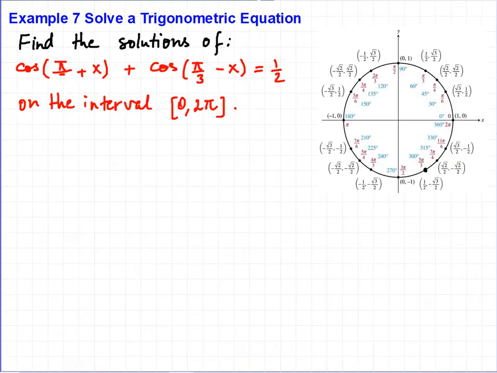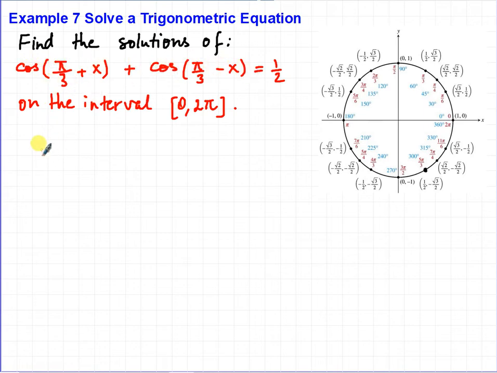So now let's see example 7, which is the last example in this lesson. In this example you need to find the solutions of cosine of pi by 3 plus x plus cosine of pi by 3 minus x equals half on the interval 0 to 2 pi. Now here I have cosine a plus b and here I have cosine a minus b.